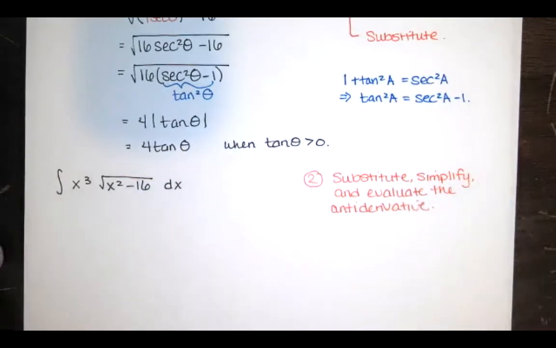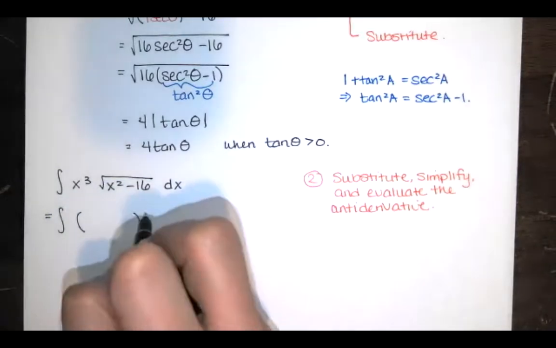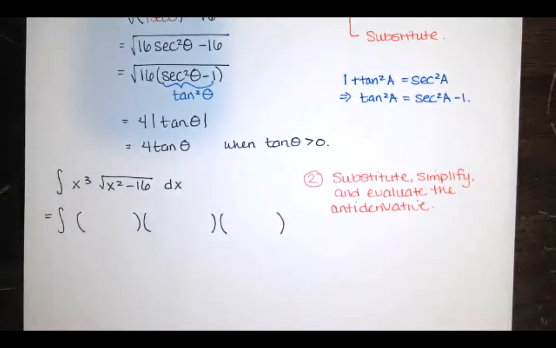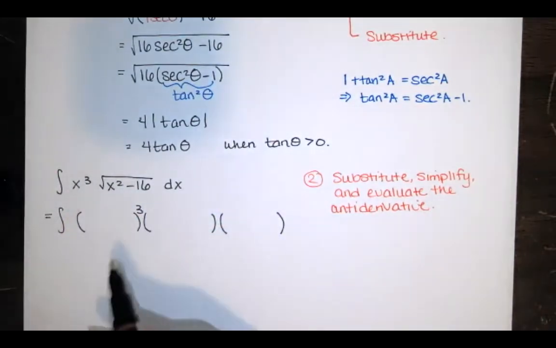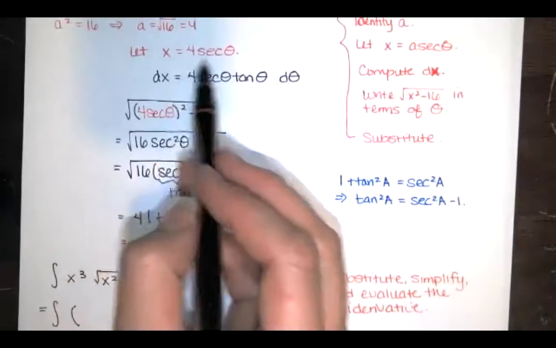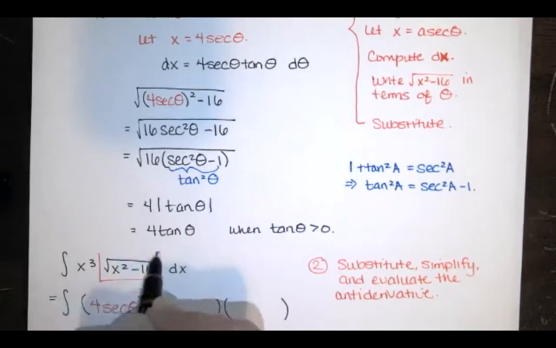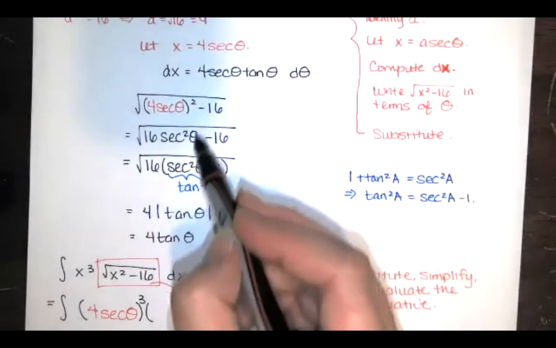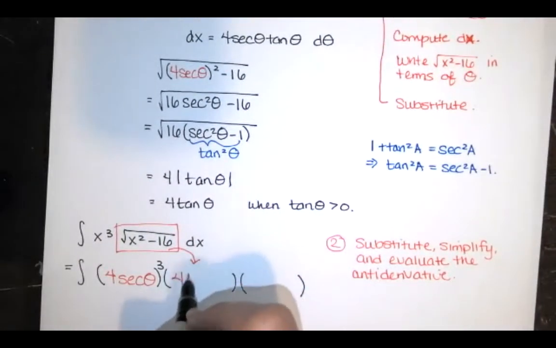So you're just making a substitution, replacing every x with whatever x is in terms of theta. So this is x cubed. X was 4 secant of theta, so you just substitute that in. Now here we're substituting the entire square root. That entire square root simplifies to 4 tangent of theta whenever tangent of theta is positive.